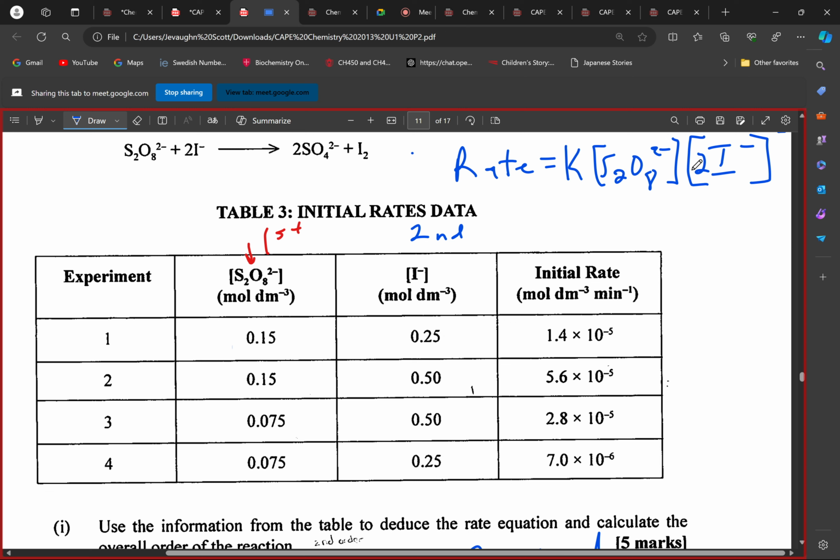Is the 2 supposed to be there overall? It begs the question. The 2 doesn't have to be there. In this case, we wouldn't care about the stoichiometric coefficient. It's not raised, we don't use the stoichiometric coefficient.